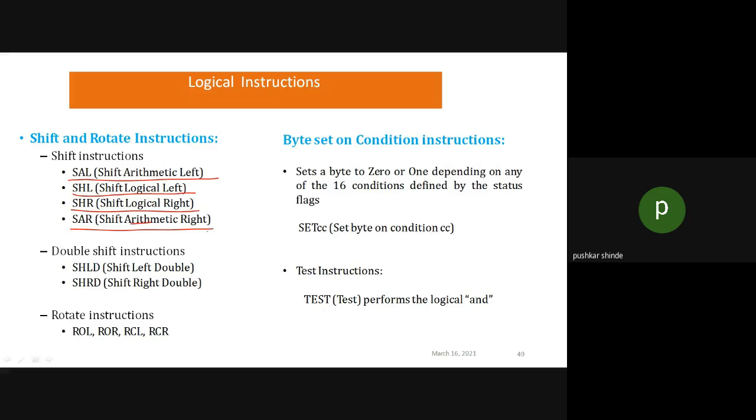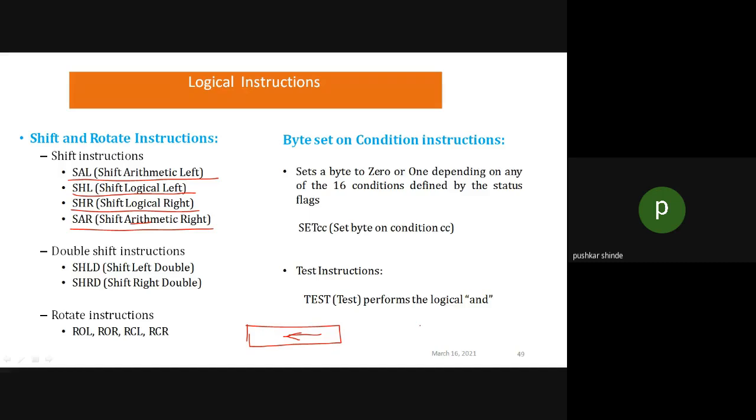These are basically the shift instructions in the shift and rotate instructions. What a shift instruction does is, if it is shift arithmetic left, whatever is the value in the register will be shifted left by the value given in the second operand.